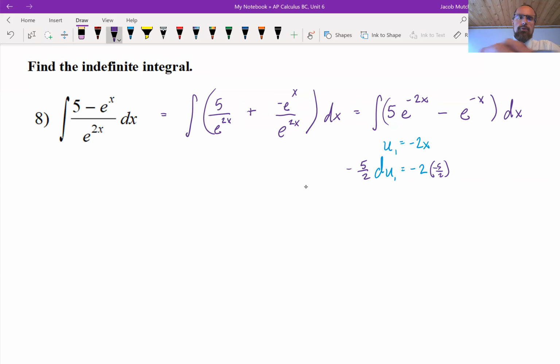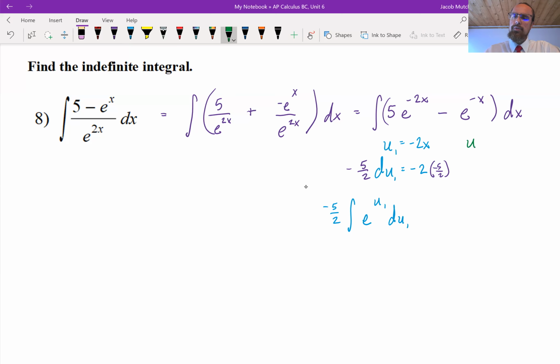So we'll make a substitution for that first integration. So that's going to be the integration. I'll put the negative 5 halves out front of e to the power of u sub 1 du sub 1. Now I've called that u sub 1 because I want to make a second substitution here, and it's really with regard to this second power of e.